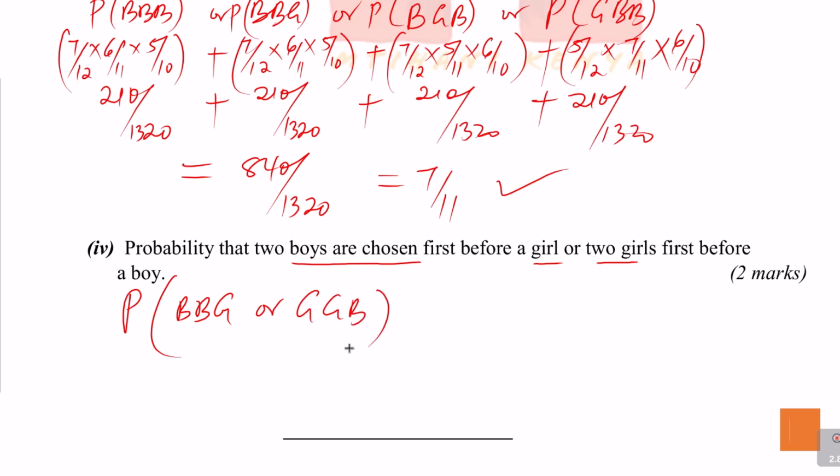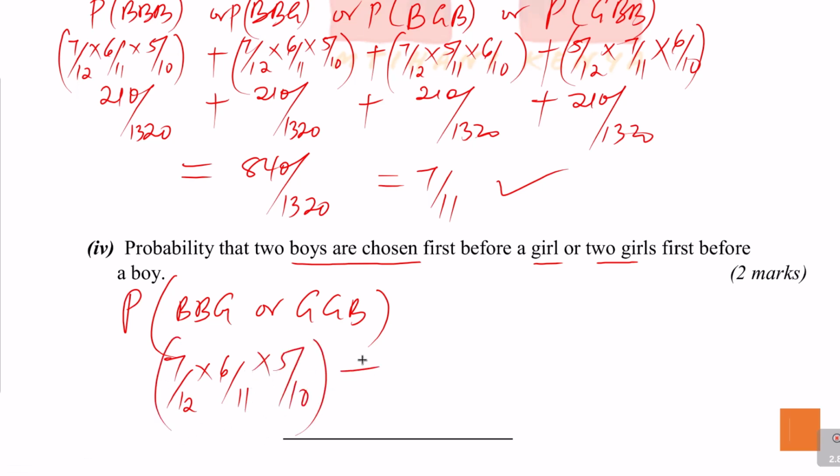That is what we mean. We've multiplied boy, boy, girl here, so that one is 7 divided by 12, multiplied by 6/11 times 5/10.